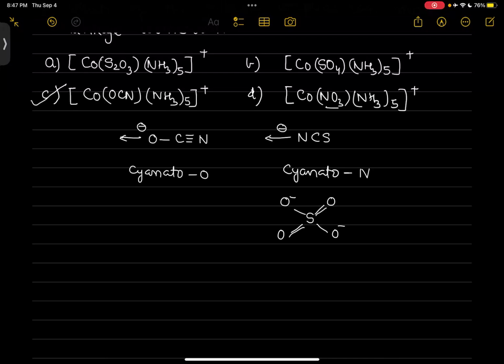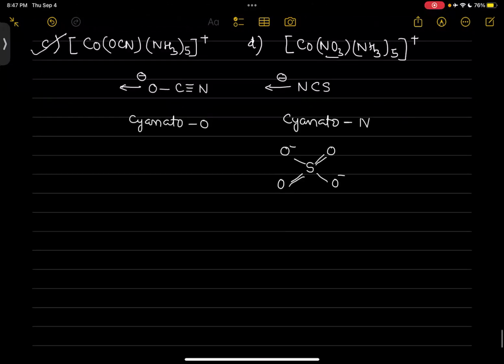Sulfur doesn't carry any lone pair. Sulfur has 6 valence electrons and all 6 bonds are there. So sulfur doesn't have any lone pair. Is that clear? What about thiosulfate?